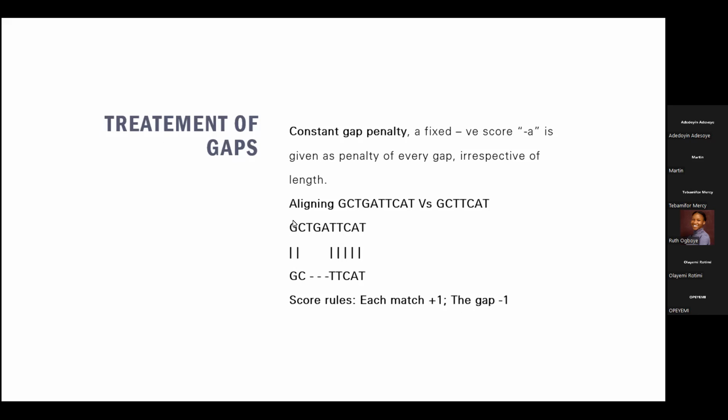Across this, we have 1, 2, 3, 4, 5, 6, 7. We have 7 matches. So for these 3 gaps, we are subtracting 1 from that 7. That's how we got 6 for the alignment score.